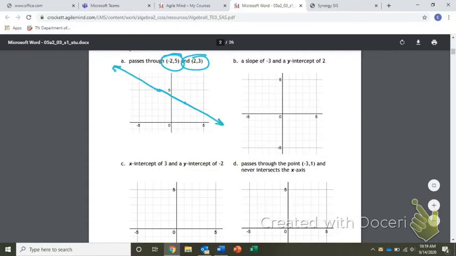Okay, so this is a linear function because it's a straight line. Okay, and I want to go ahead and talk about what the equation is. Okay, so first, our slope. We can look at our slope and see what it does, right?